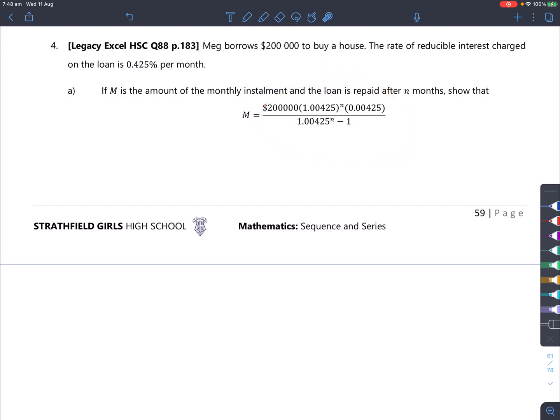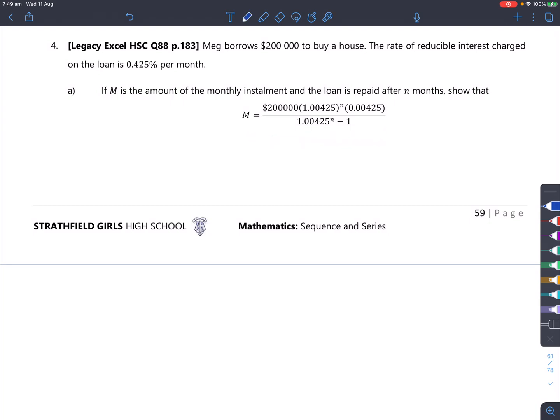So it kind of skipped out the first few steps of finding what A3 is, and then just skipping up to that question where we know that An is going to be 0 because you don't owe anything, and it wants you to find an expression for the monthly installment.